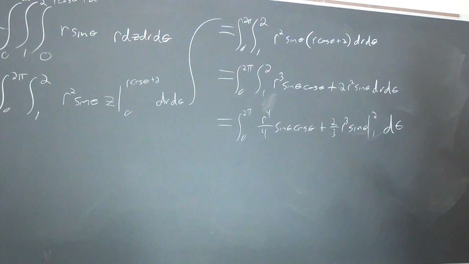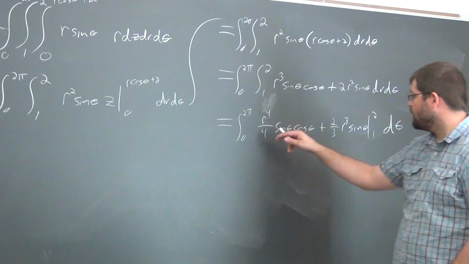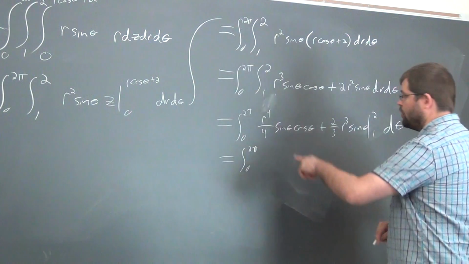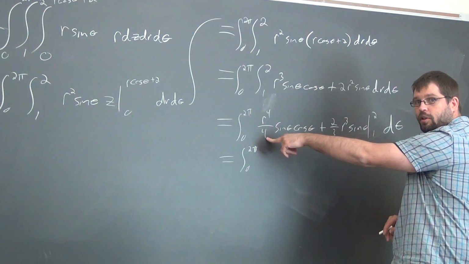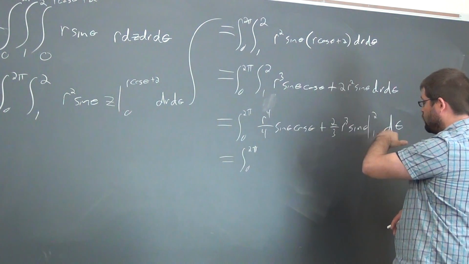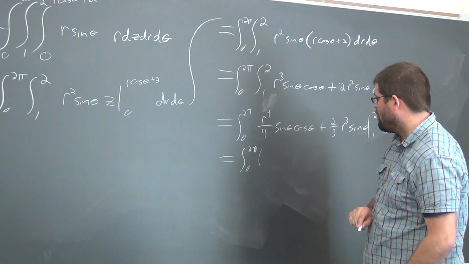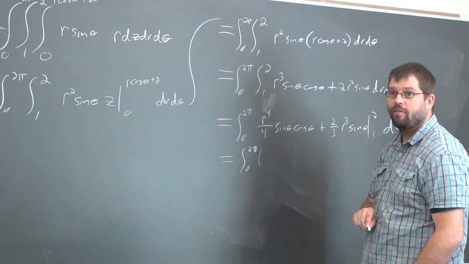Right, so you just integrate the r's like that, plug in your 2, and so you end up with 0 to 2 pi, right? You get 16 over 4, so that's 4 minus 1 over 4, or sorry, 4 minus 1 half, right?